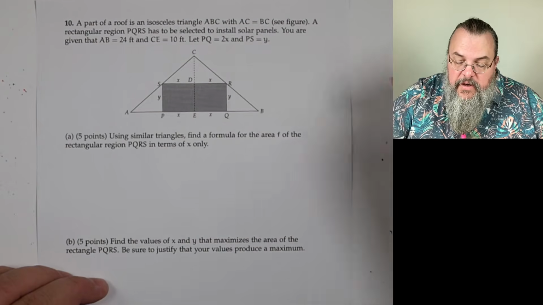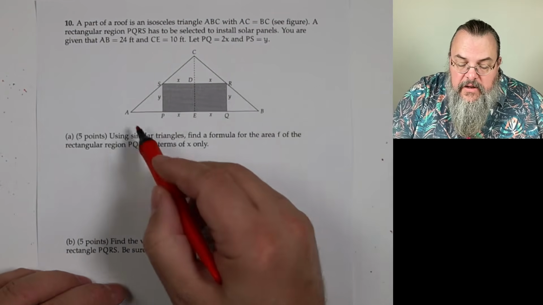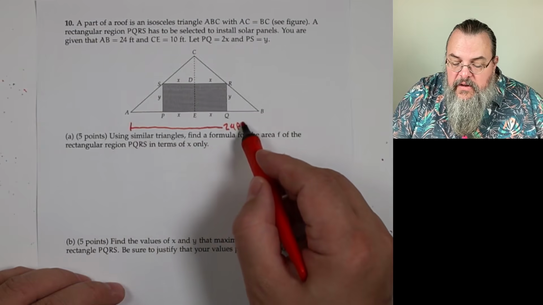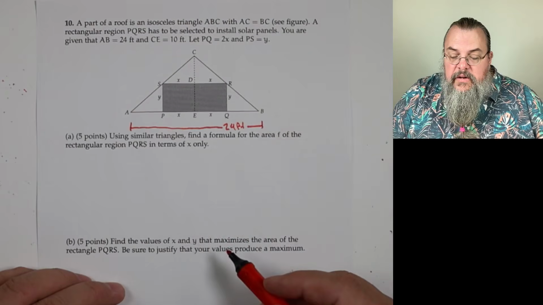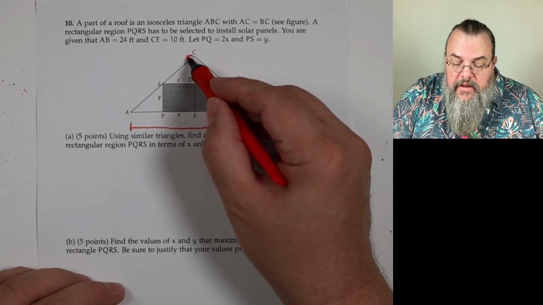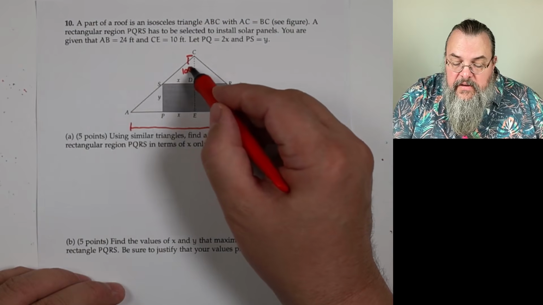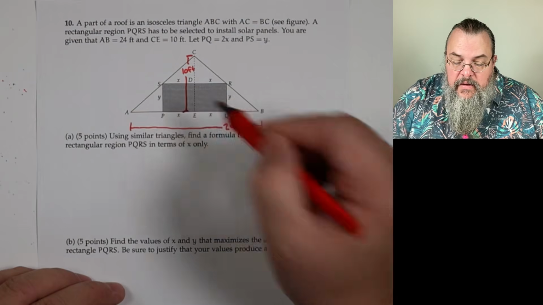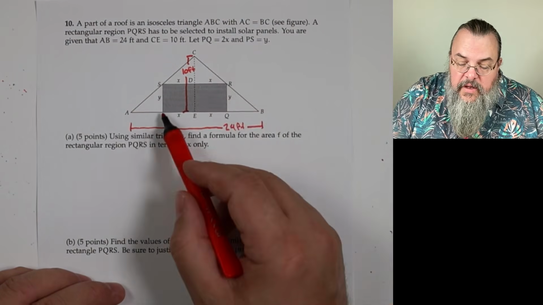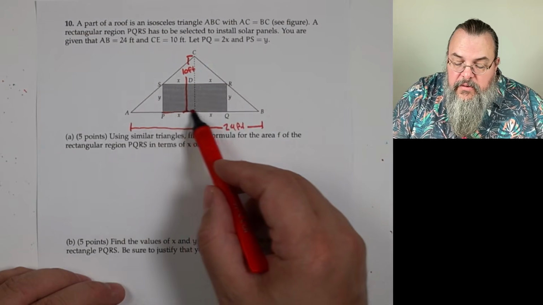So maybe let's mark some things. So A to B, this is 24 feet. And we're also told C to E, well, that's 10 feet. All right. And now we're told that PQ equals 2x.